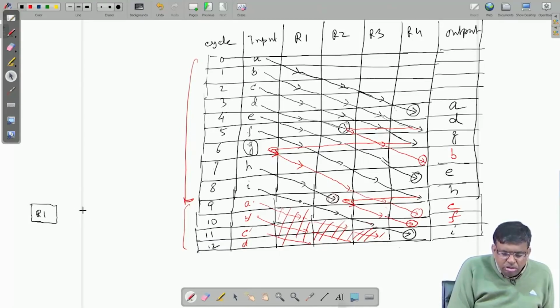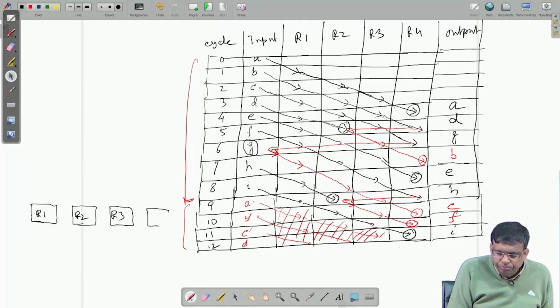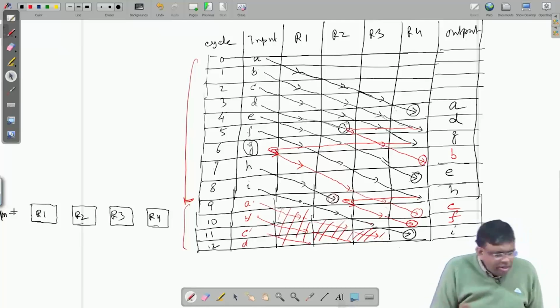I have R1, R2, R3, R4, and input is coming here, input. You can see one thing, and output is here.